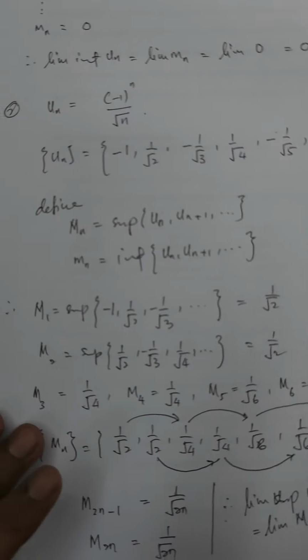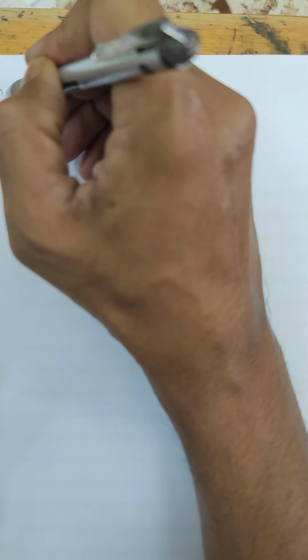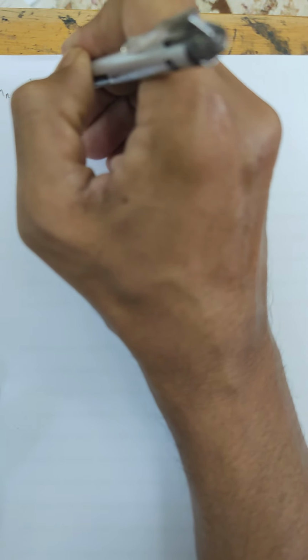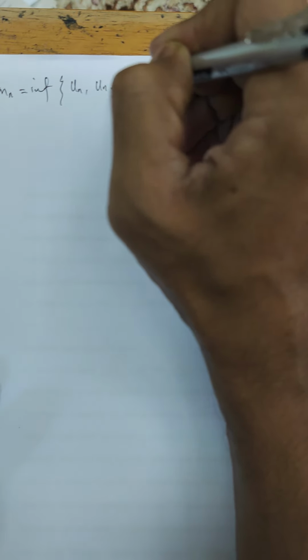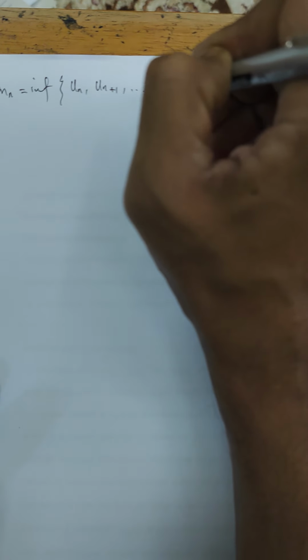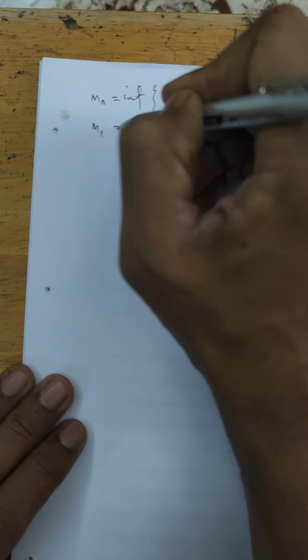Now, that's for the limsup. For the liminf, for the same example, we define mn, small n, as the infimum of un, un plus 1, and so on. With this, you can find m1.